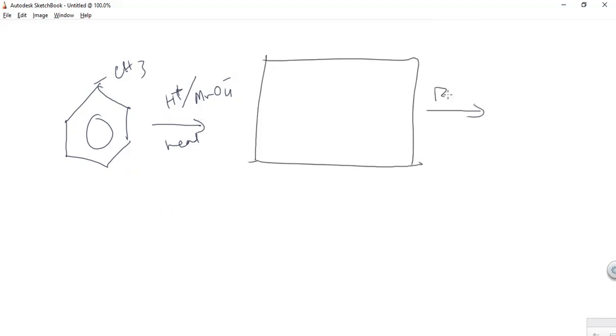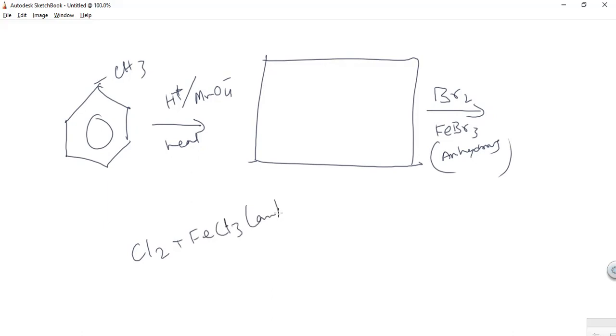And from there, when we add Br2 with anhydrous FeBr3, the reaction should be... Oh, I forgot to mention that in the previous reaction, the sixth reaction, where we added Cl2 with FeCl3, the FeCl3 should also be anhydrous.